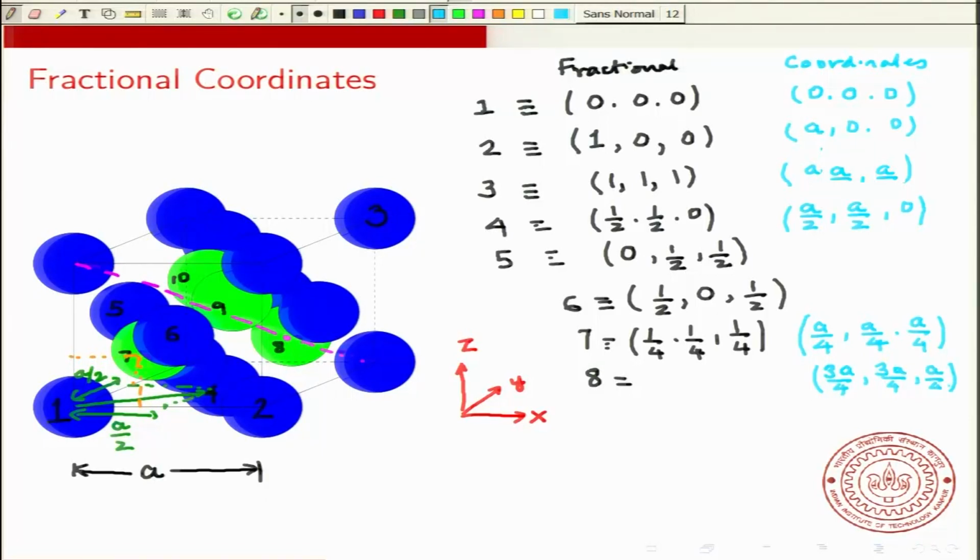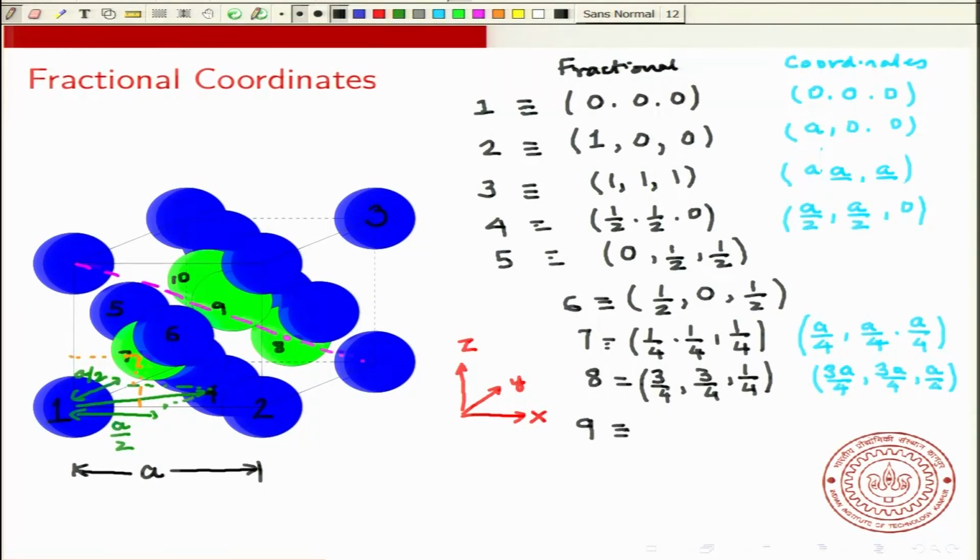So it is at the same height as atom 7, but it is shifted in the x and y directions. And you can easily see now the fractional coordinate is 3 by 4, 3 by 4, 1 by 4.